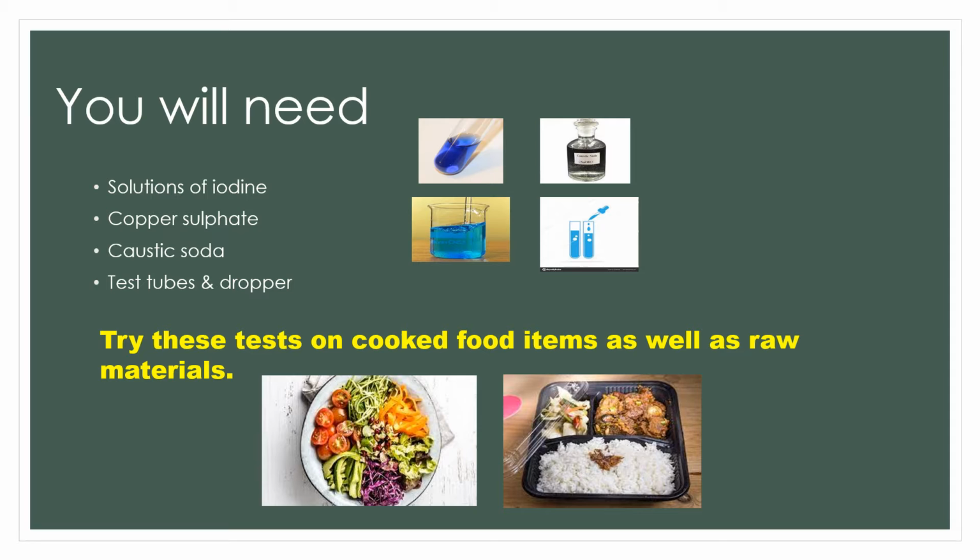So let us do this test. For this we will need solutions of iodine, copper sulfate, caustic soda, test tubes and a dropper. Try this test on cooked food items as well as raw materials. Okay, so let's begin.